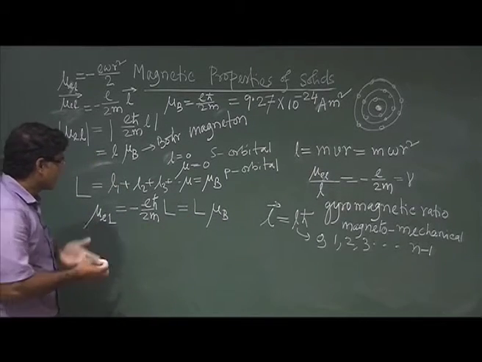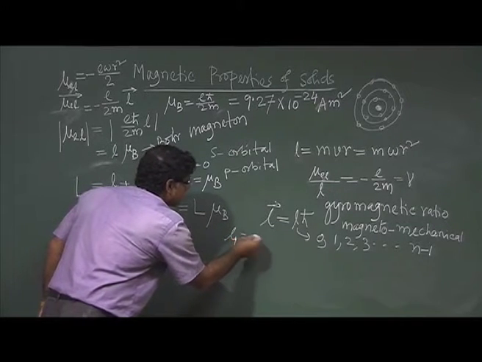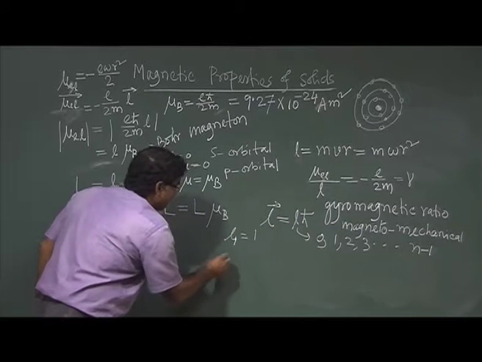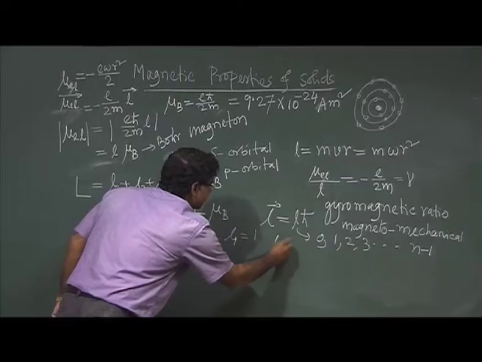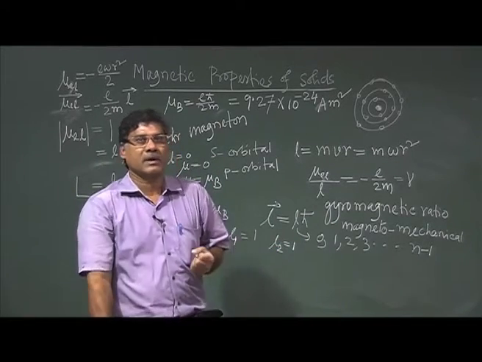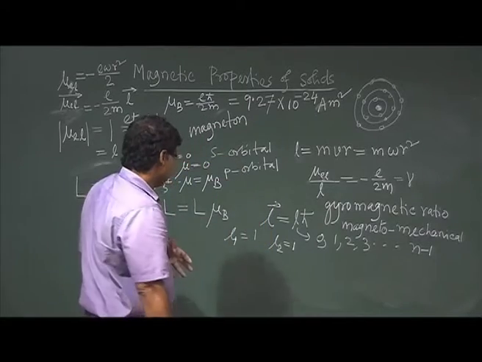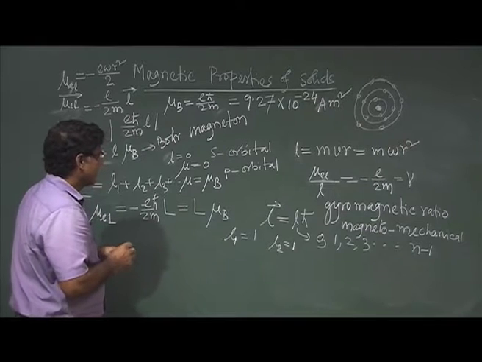So, if we just take 2, L1 equal to say 1 and L2 is say 1, means both are p electrons, okay. Then what will be the resultant L?